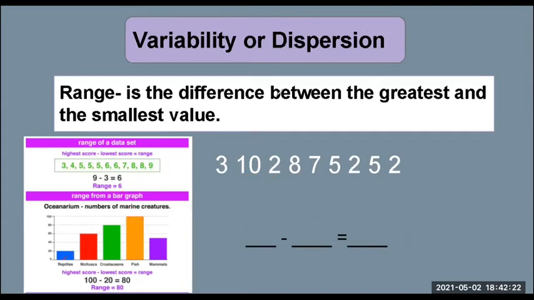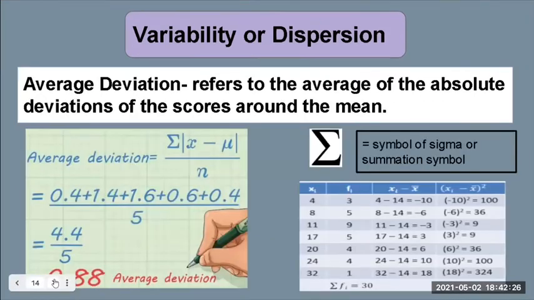Okay, next. This is the one that I told you about a while ago. It is the average deviation. So what is the average deviation? Average deviation refers to the average of the absolute deviation of the scores around the mean.